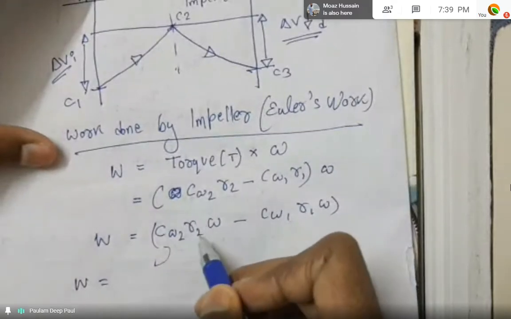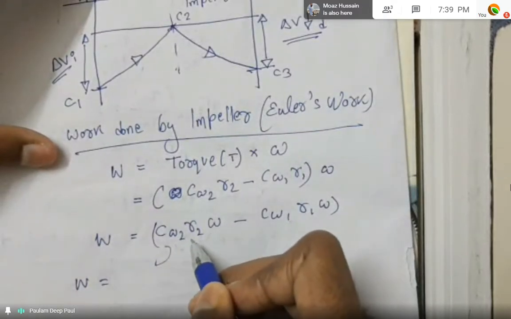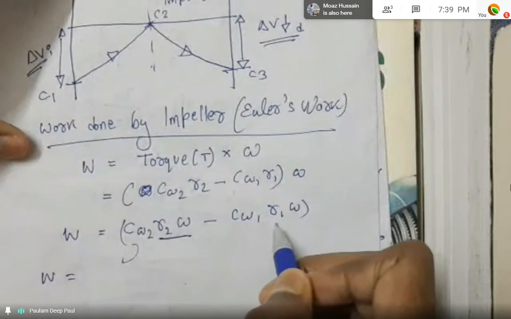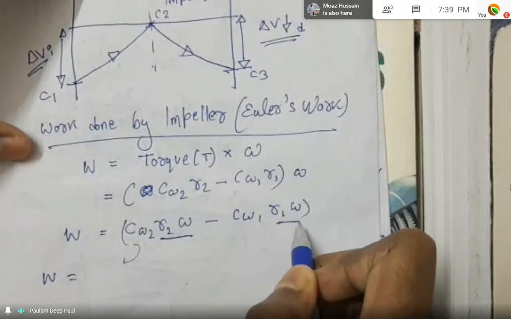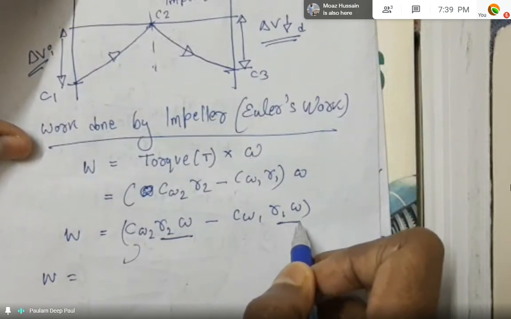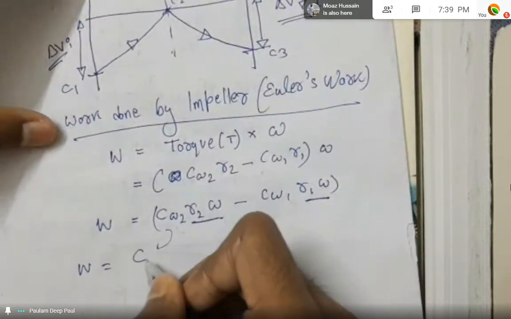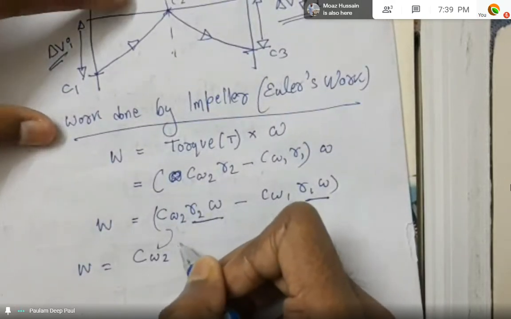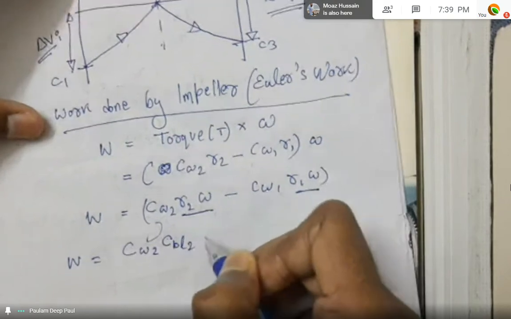If we further include this, we get R2 omega and R1 omega, which are basically the tangential blade velocities, that is CBL1 and CBL2. So we can just substitute that.